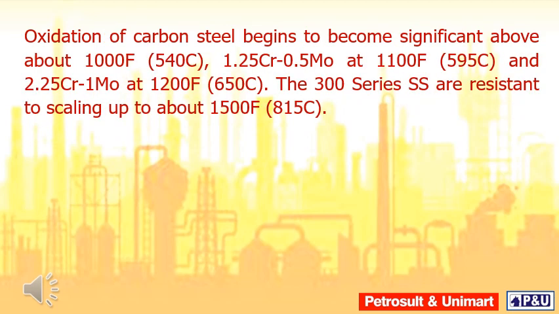Oxidation of carbon steel begins to become significant above about 1000 F, 540 C. 1.25 Cr 0.5 Mo at 1100 F, 595 C, and 2.25 Cr 1 Mo at 1200 F, 650 C. The 300 series SS are resistant to scaling up to about 1500 F, 815 C.